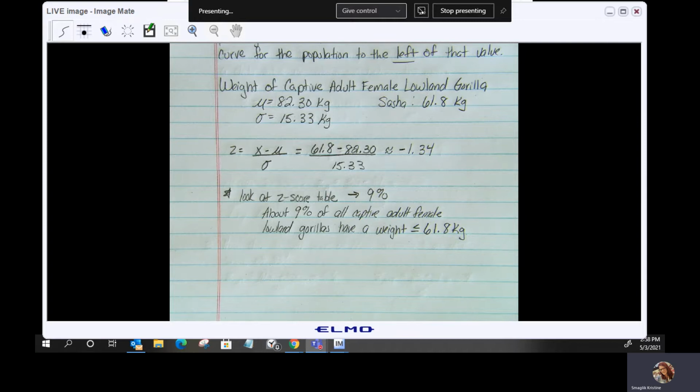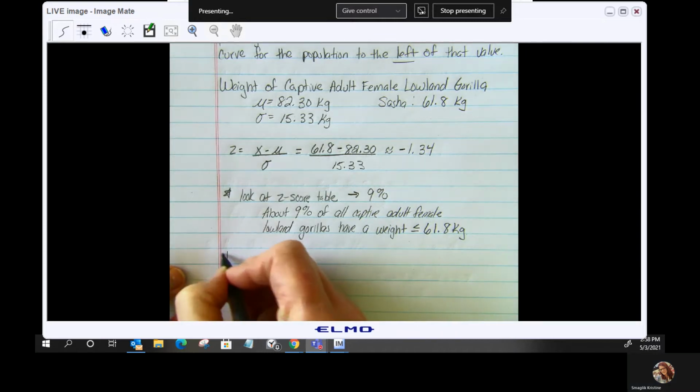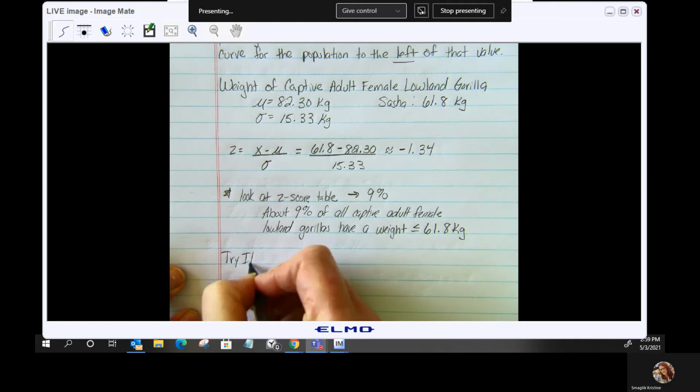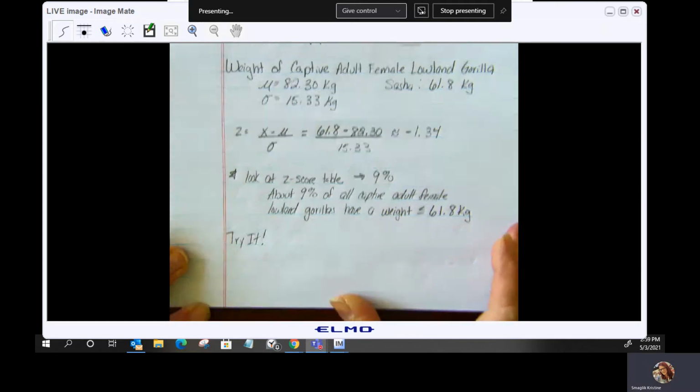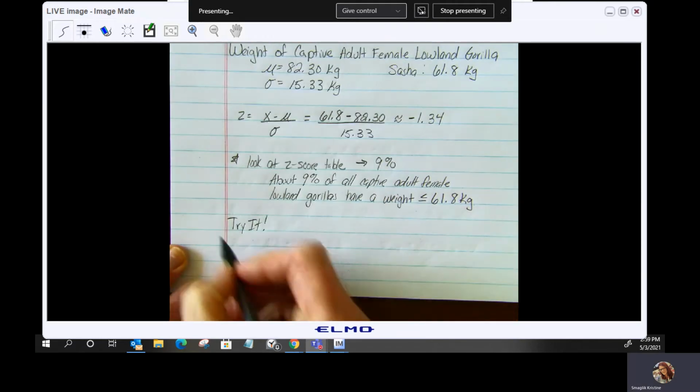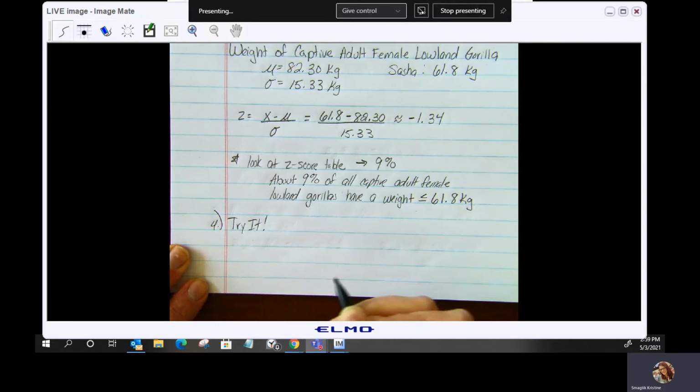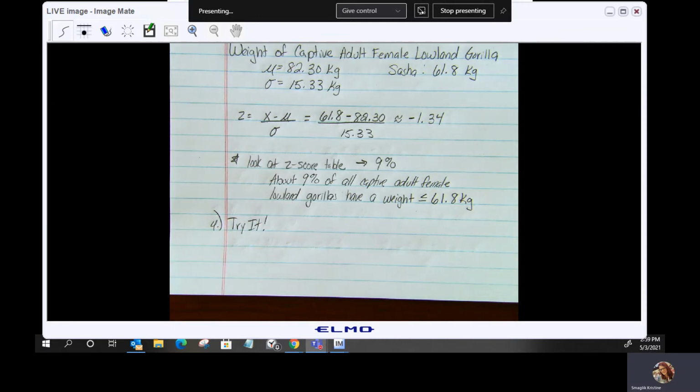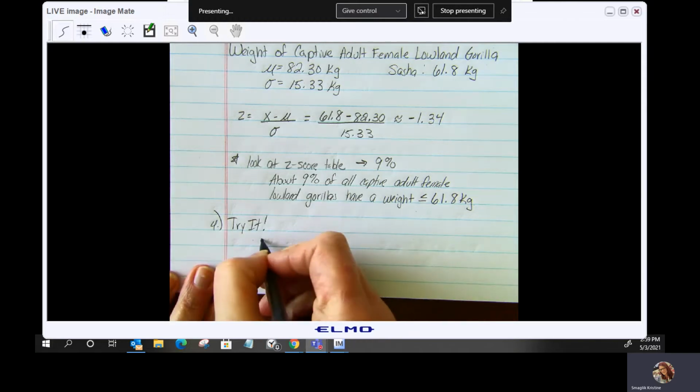And now your try it. Your try it, number 4. Find the percentage of all values in a normal distribution with z less than or equal to 1.85. So let's just make a note.